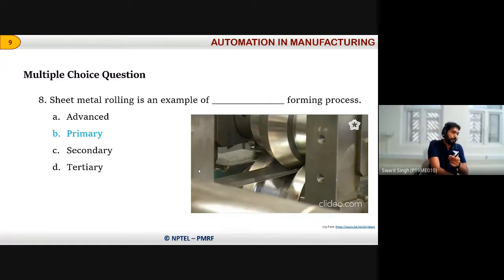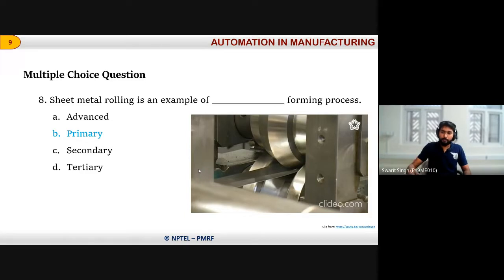That is the very primary forming process. From those sheets, when we apply other sheet metal operations to build the required component, it comes to the secondary, tertiary, or advanced level.